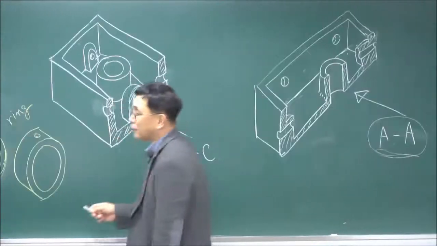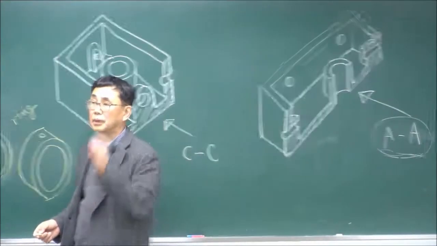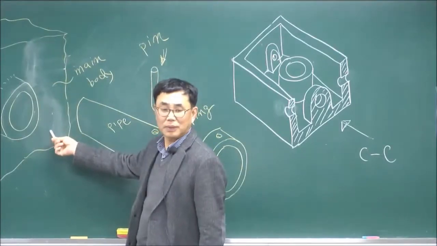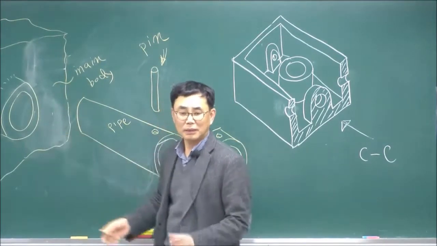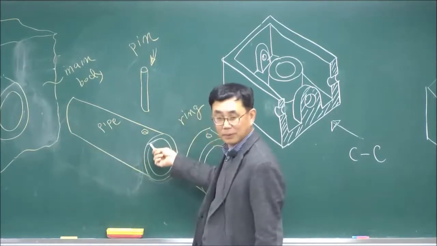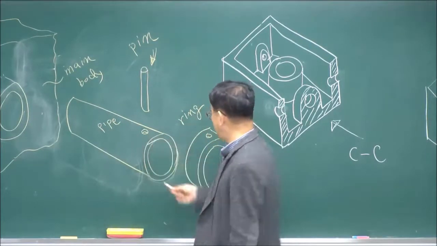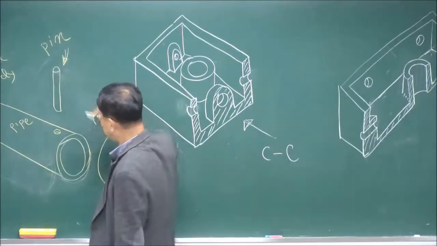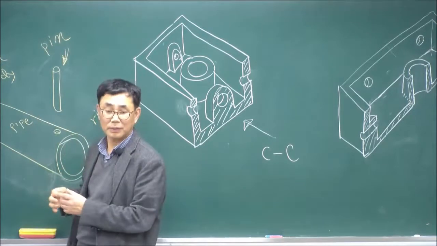All right. Now this is the main body. That is the main body, and there's a pipe, and a ring here, and a pin here. So four parts are assembled, right?